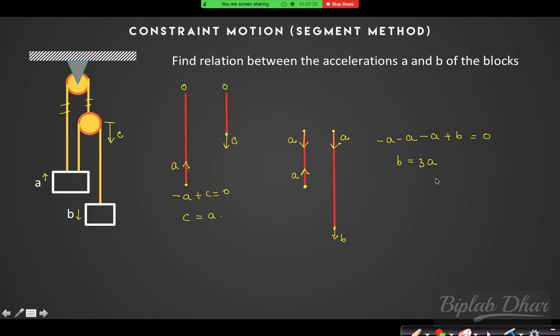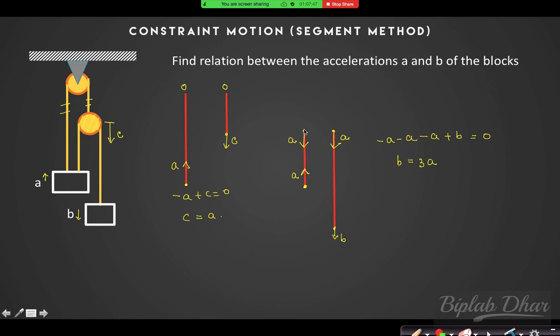So that method is very easy if you can properly use it. In the second string, how are you considering that the acceleration of the upper parts is A downwards? Because these upper parts are connected with this pulley, and the acceleration of this pulley is A downwards.